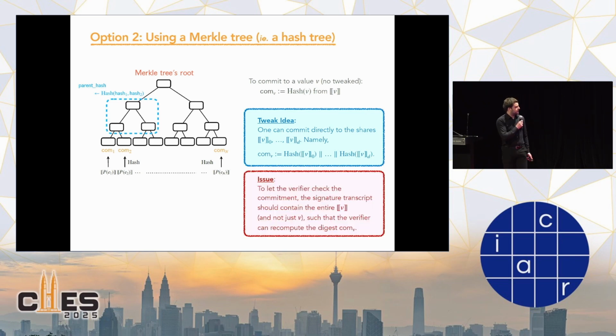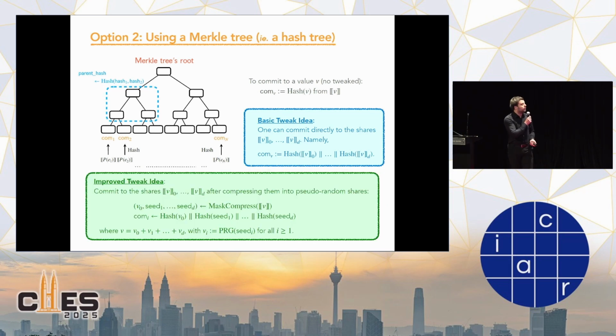But there is still a problem. At some point, the verifier will need to be able to open this commitment. It means that the signer will need to provide all the hash inputs. So if we build the commitment like this, the signer will need to put in the signature all the shares. And it is quite expensive to include all the shares in the signature.